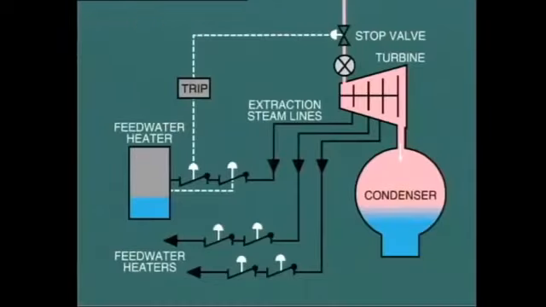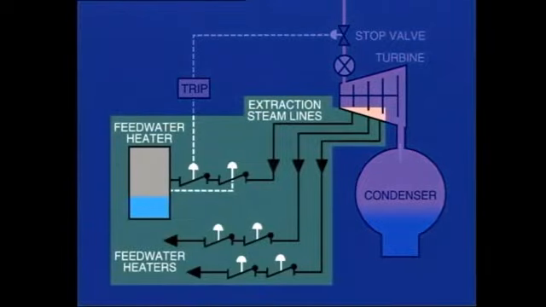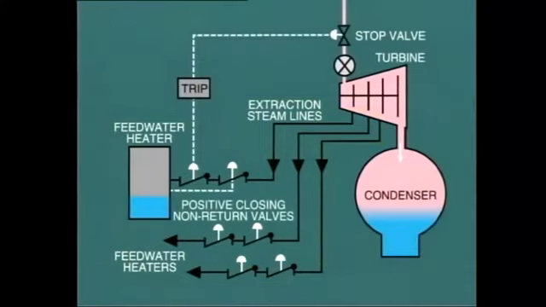Another possible source of ingress of water during on-load conditions could occur as the result of feed water heater leakage into the steam side shell and consequent entrance of water into the extraction steam lines. To prevent this occurrence, positive closing, non-return valves are fitted into the extraction lines.